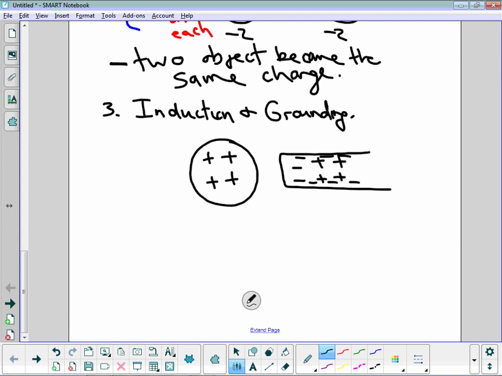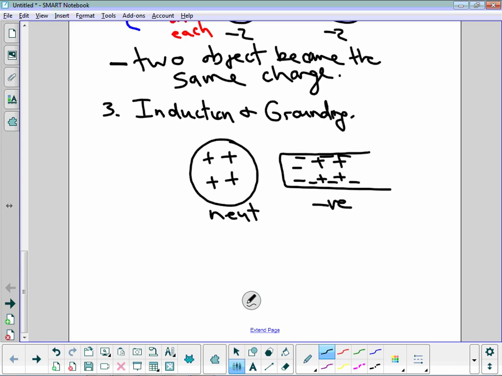This is a negative object, and I'm attempting to charge a neutral object. And now we've got to think about what the electrons do when I bring something close like that.